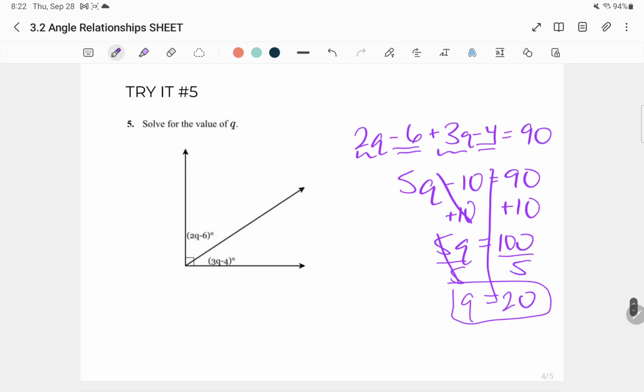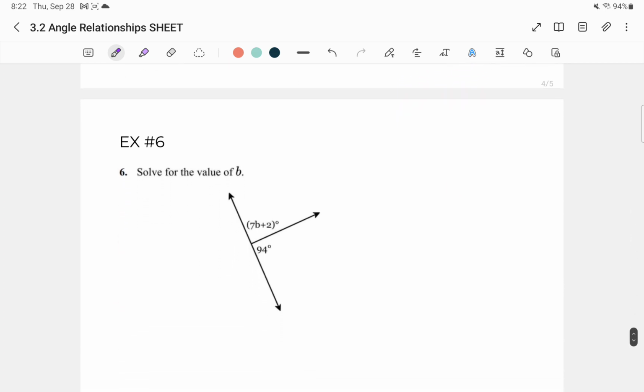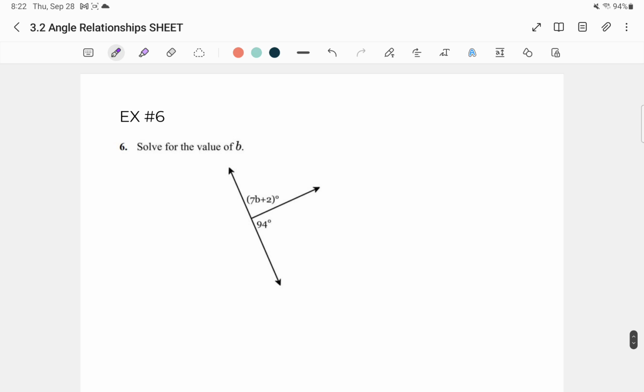All right, our last example is solve for the value of b. So our last one is, again, a linear pair, and they're supplementary, which means they add to 180. So I'm going to take 7b plus 2, that first expression, plus the 94 there, and that's all equal to 180. So I have to combine like terms.